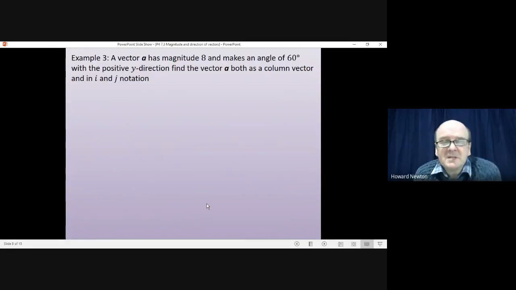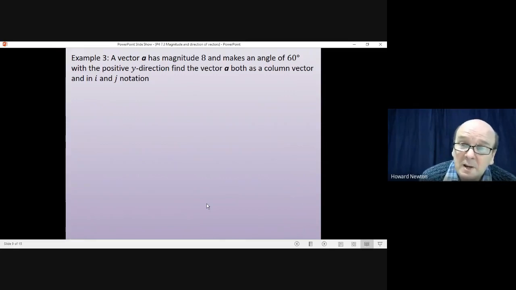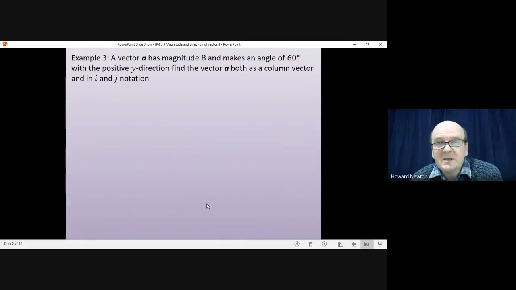Okay, example 3 is asking us to work back in the opposite direction. This time we're told that we've got a vector with magnitude 8, and that it makes an angle of 60 degrees with the positive y direction. And we're asked to find what the vector is, both as a column vector and in i and j notation. Now I would do a sketch first.